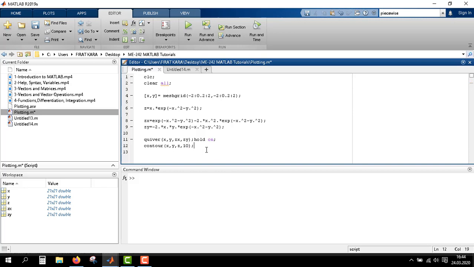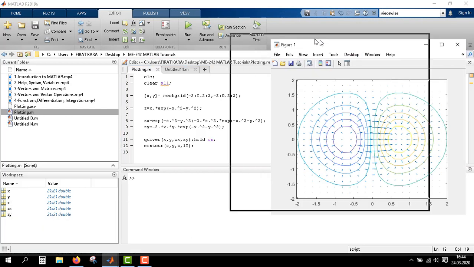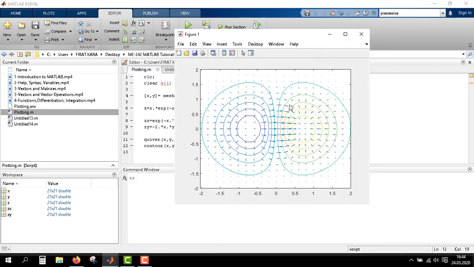Okay, let's run. Yes. Now you see the contours of the z function and the vector field on it also.